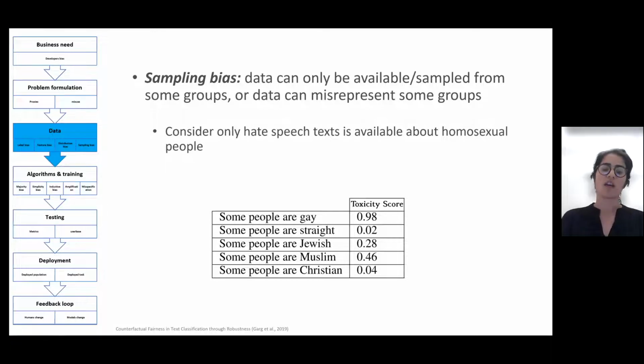So if I write for a machine learning model that's been trained on Reddit, "some people are gay," the toxicity score is higher than when I say "some people are straight." Similarly, "some people are Muslim" is more toxic than "some people are Christian."